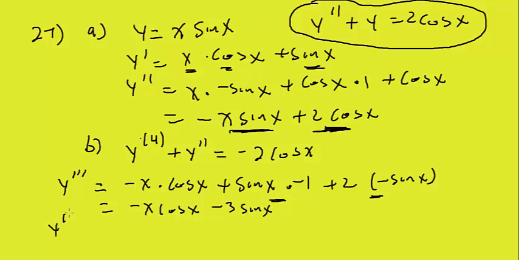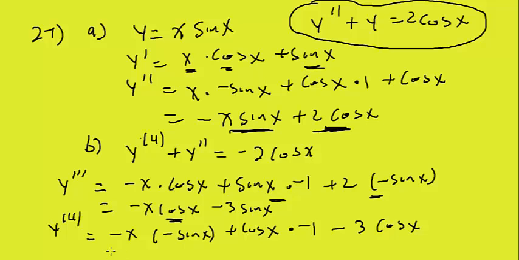The fourth derivative, again product rule: first times derivative of the second, which is negative sine x, plus second, cosine x, times derivative of the first, which is negative 1, minus 3 times derivative of sine x, which is cosine x. Clean it up. This is going to be x sine x, negative 1 cosine x, negative 3 cosine x, negative 4 cosine x.